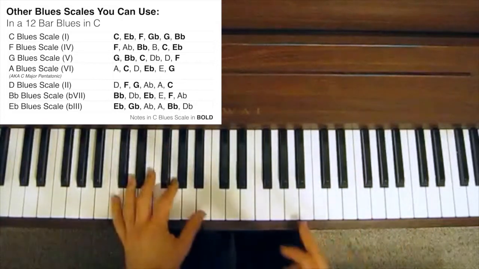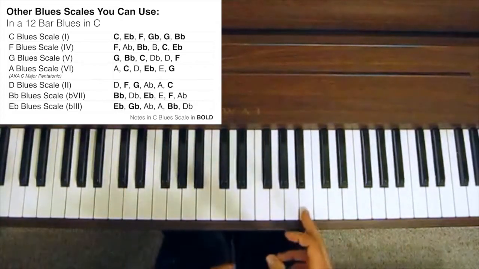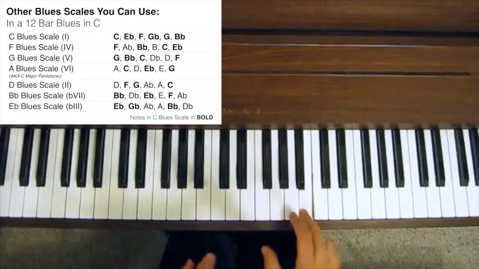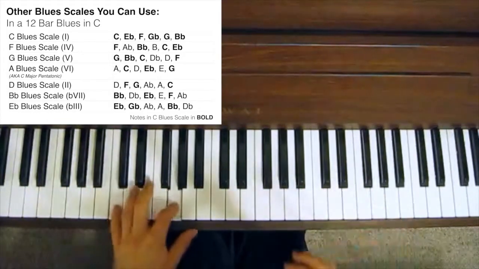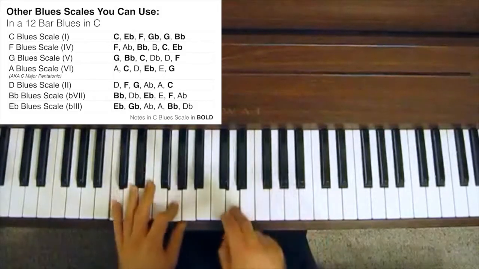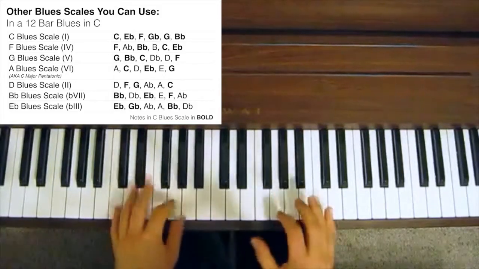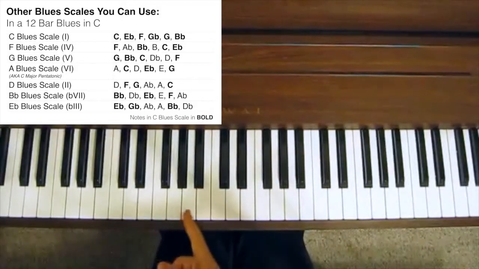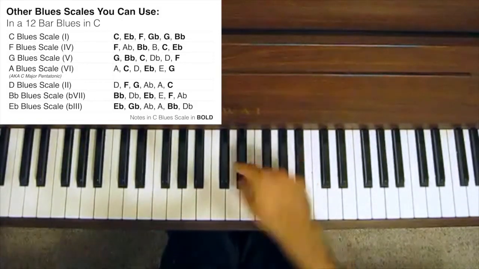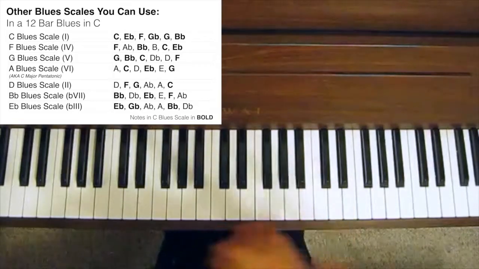And that works because you're missing the B, or the major 7. So you're just skipping that note completely. So all of those notes work great. And then the A blues scale also has the E flat, which is also in the C blues scale, so you win there again.